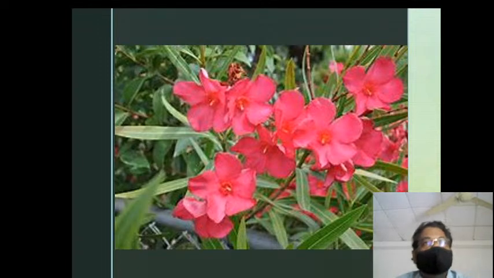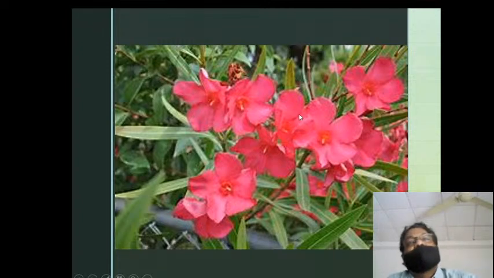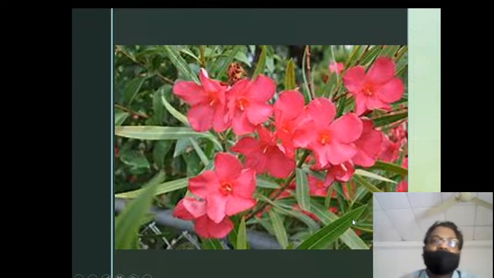So this is a Nerium plant. The flowers are red in color, some are white, some are even yellow. The leaves are typical lanceolate in shape and green in color, and it grows very wild everywhere. So this is another dangerous plant.